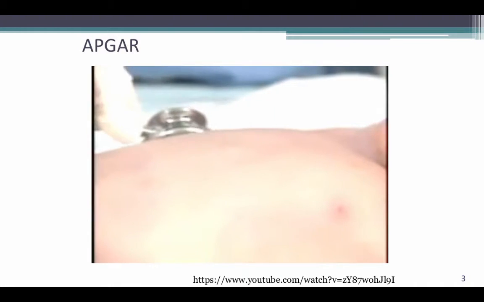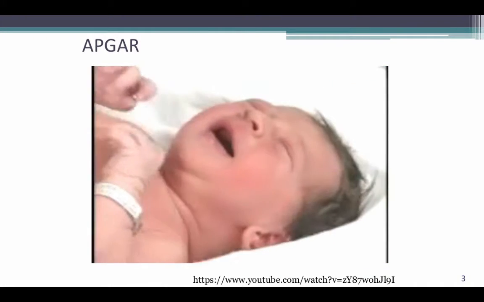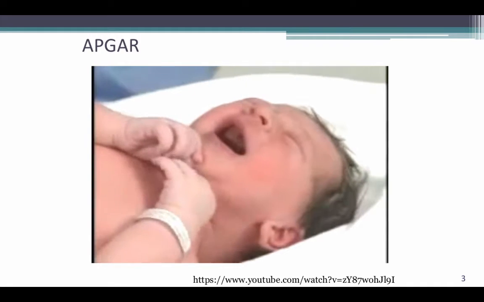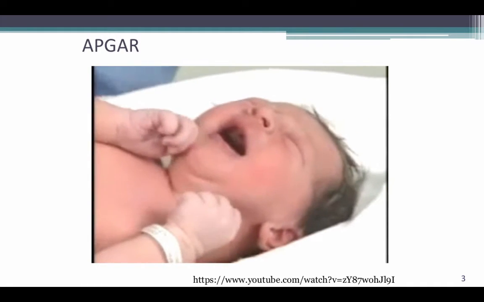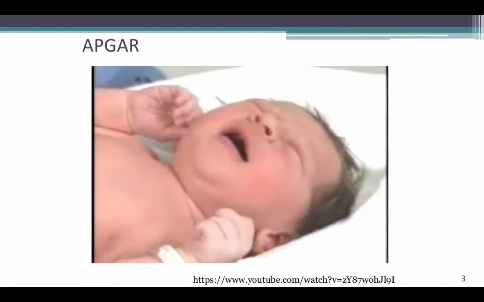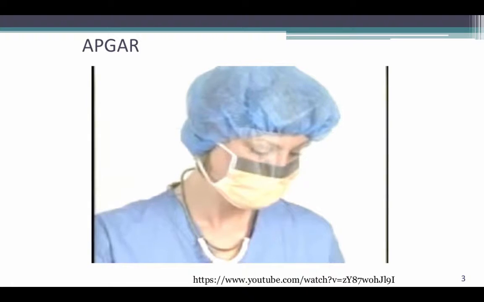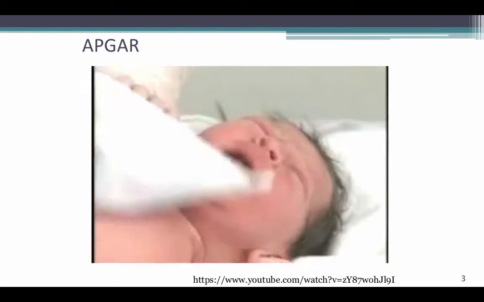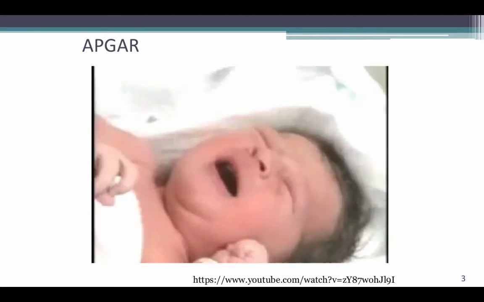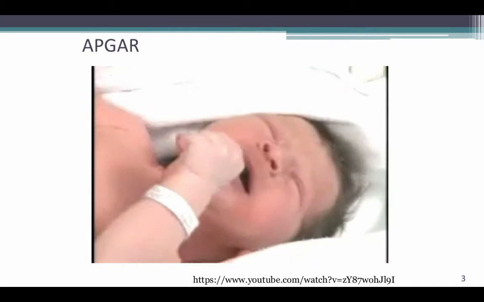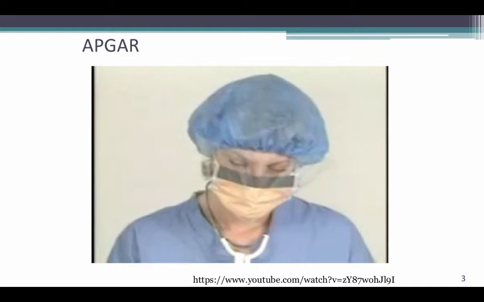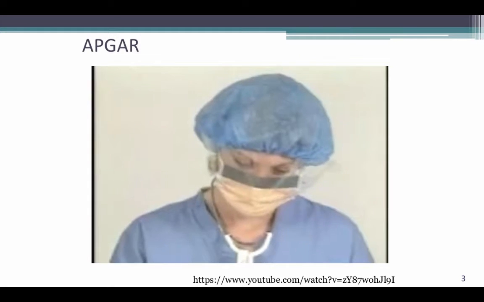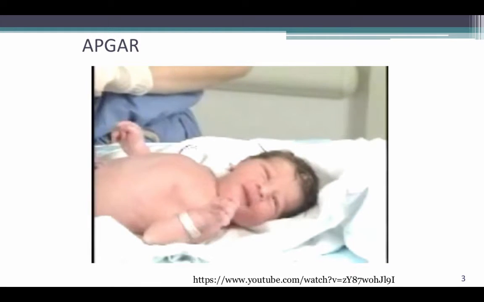Respiratory effort is assessed by observing and auscultating the chest. A score of 2 is given if the infant is crying vigorously, or if the respirations are spontaneous and regular. 1 if the effort is weak or irregular, and 0 if there is no effort. The muscle tone of a full-term infant is judged by the amount of flexion.